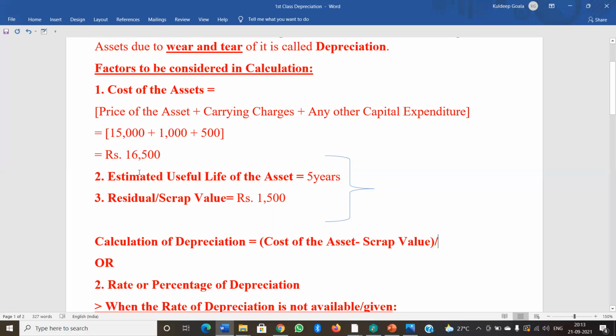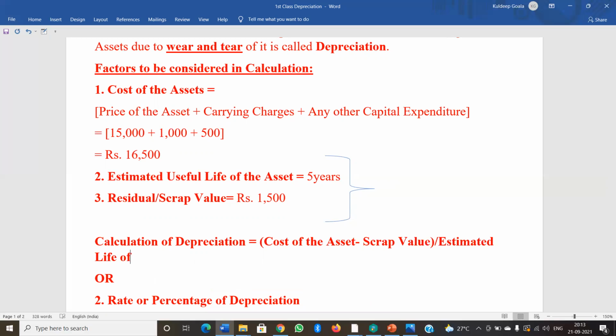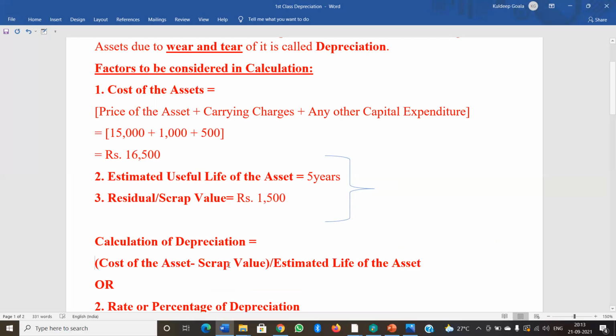Like suppose here the cost of the asset is 16,500 minus the scrap value, whatever value you will get after selling the remaining residual value or scrap value, divided by the estimated life of the asset. So this is the formula: cost of the asset minus scrap value divided by estimated life of the asset.